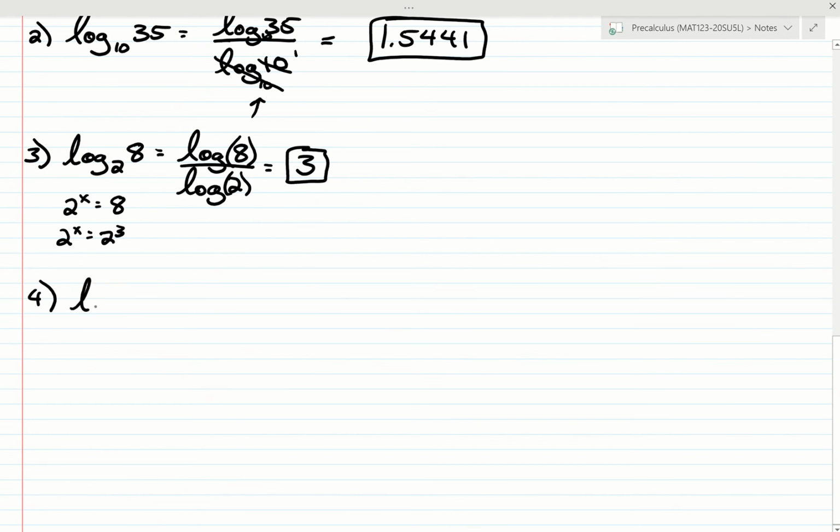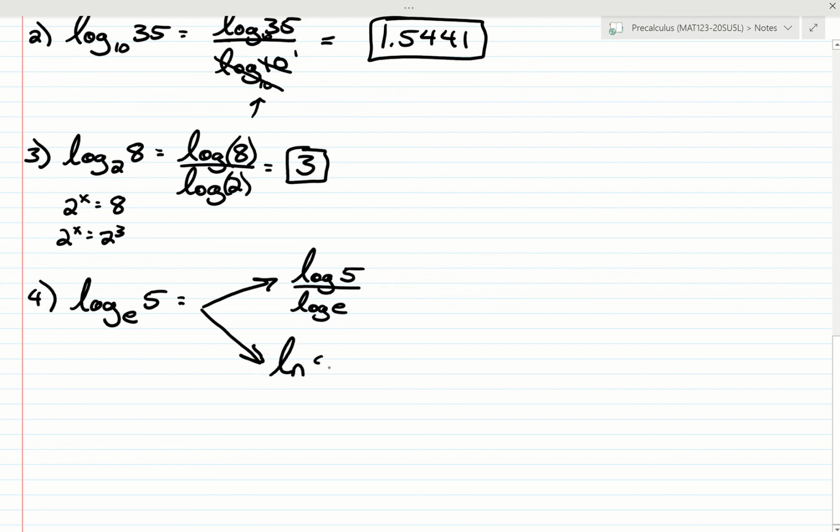What about if I asked you to figure out the log base e of 5? Well, we have a couple different ways we can handle this. One way is using the change of base theorem and just type log 5 divided by log e. But remember what we said log e was. We said log e was the natural log.